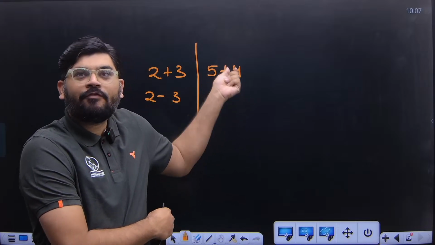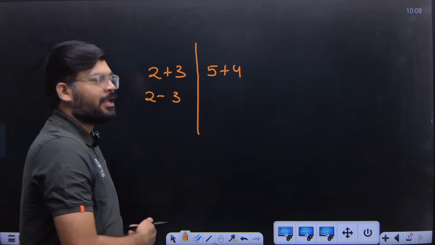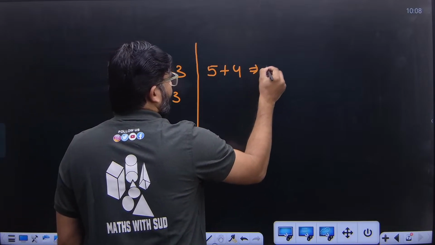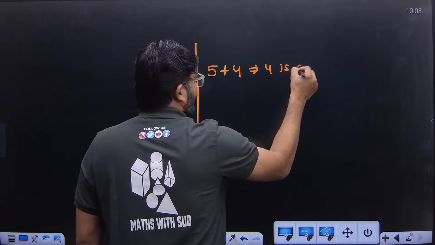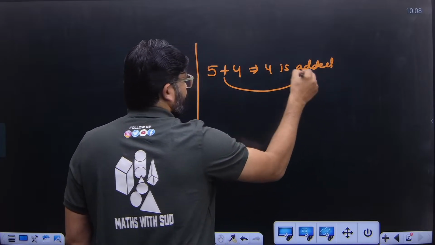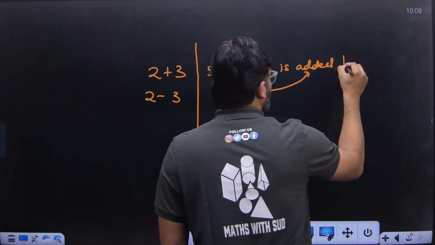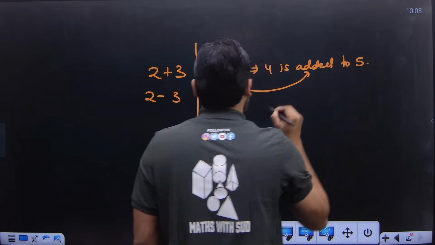So you will say 4 is added to 5. How will you say added? Because you have seen the sign of addition. Yeah. 4 is added to 5. Okay?